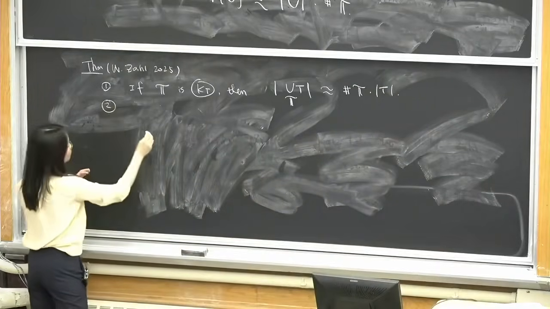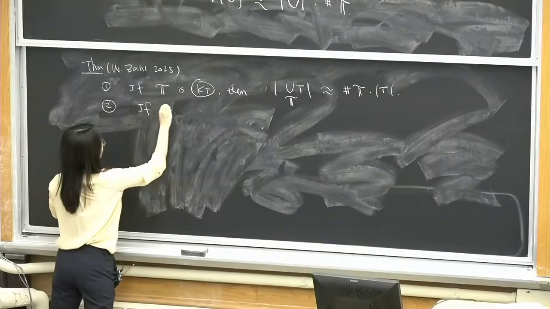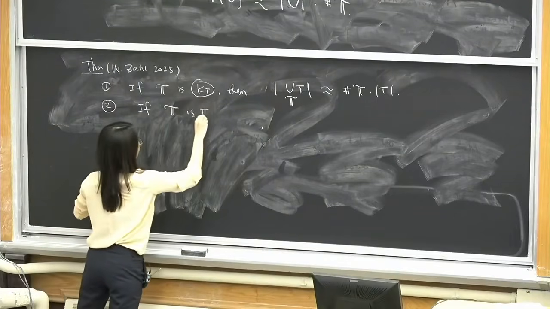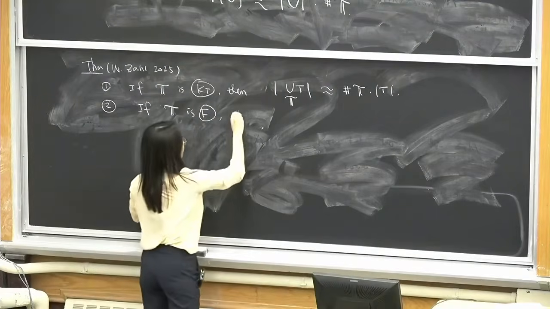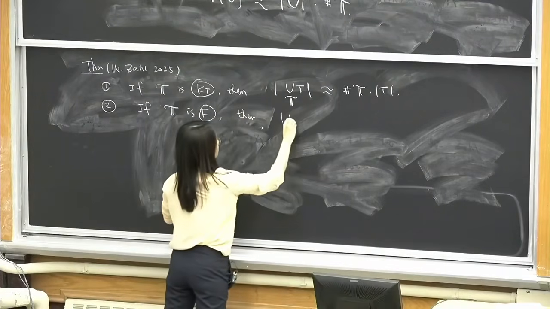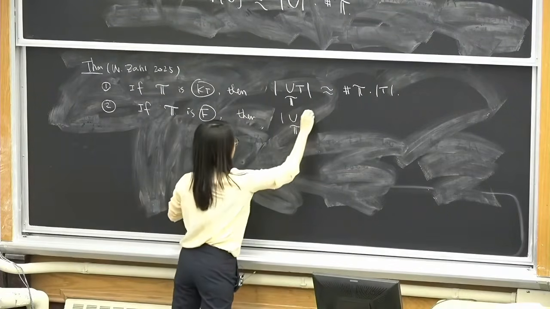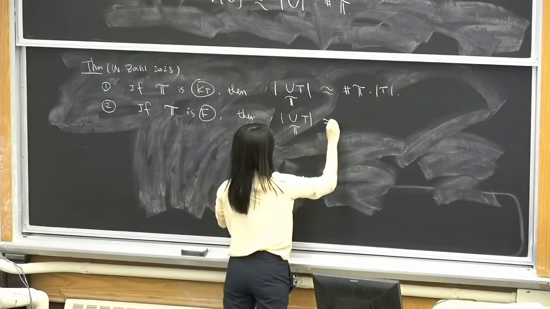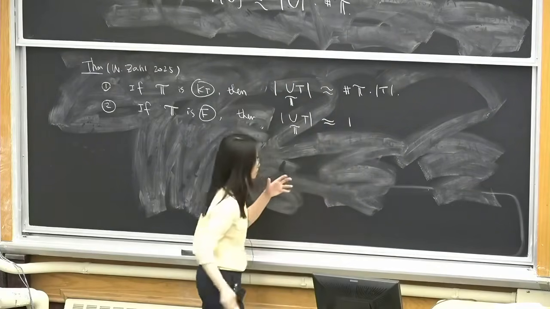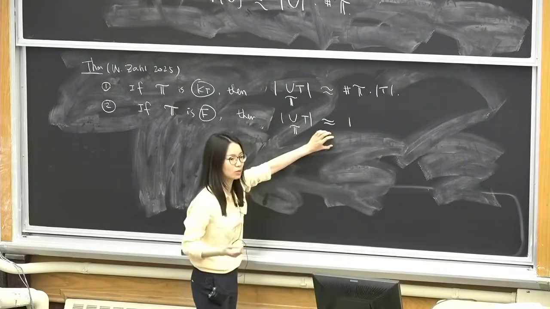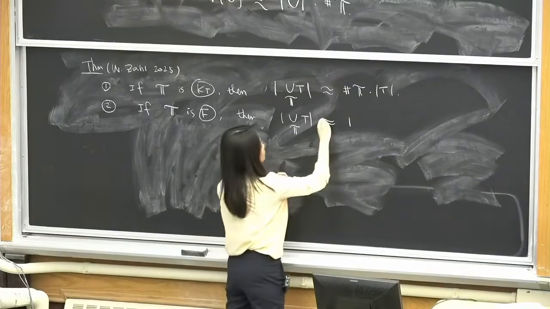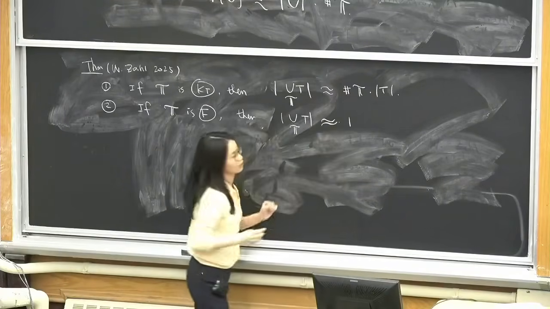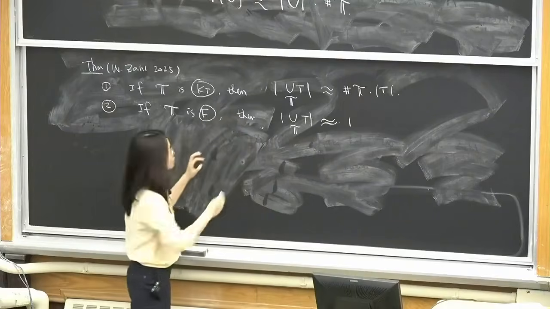And if the set of tubes satisfies the Frostman-Wolf axiom, then they should stir out the ball, so it has volume approximately 1. Again, this approximately 1 absorbs epsilon powers of delta. So this is what we proved.